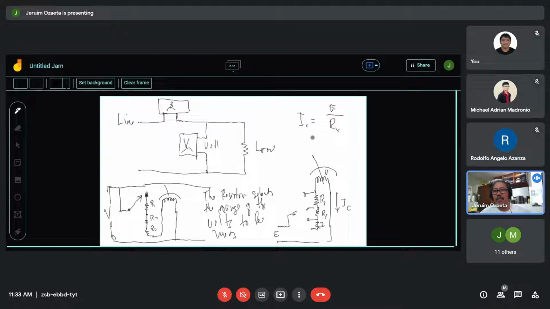Noting that the current will deflect from zero to maximum deflection. Okay?